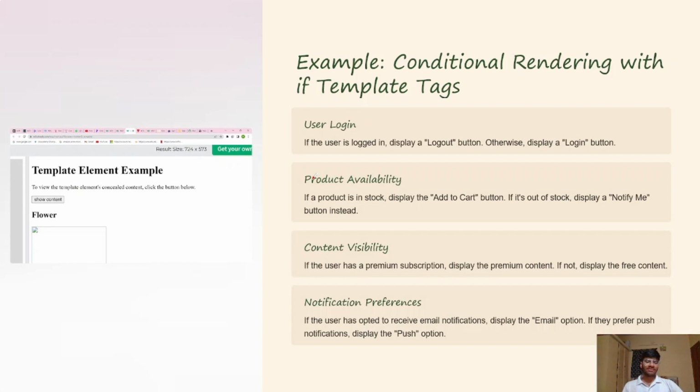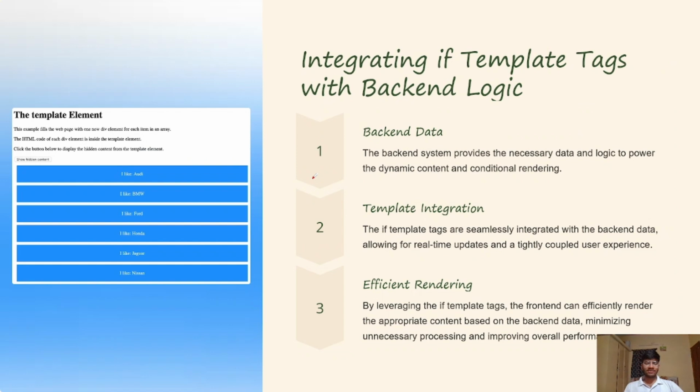Then the content visibility: if the user is a prime user, like he has paid the premium subscription, then he will be shown the premium products. Then the notification preferences: if the user has opted to receive notifications, then we display the email option. If they prefer push notifications, then we display the push option.